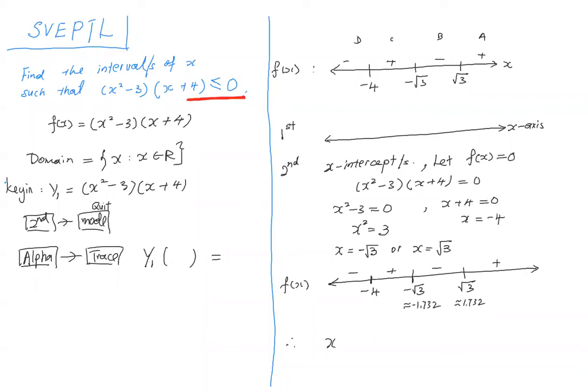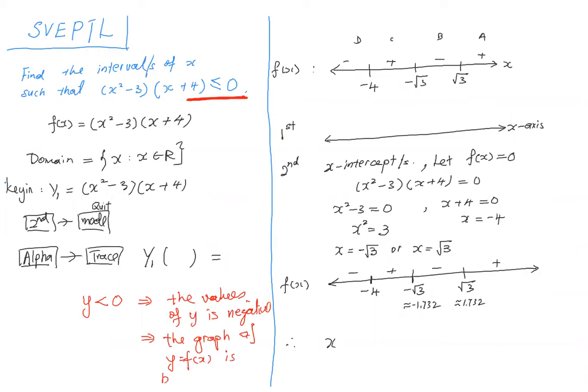Negative means my y is smaller than 0, implying the value of y is negative. This also implies the graph of y equals f(x) is below the x-axis.